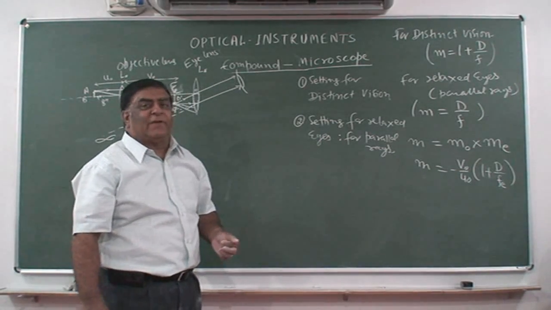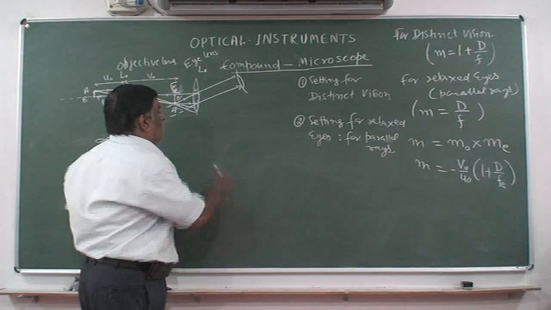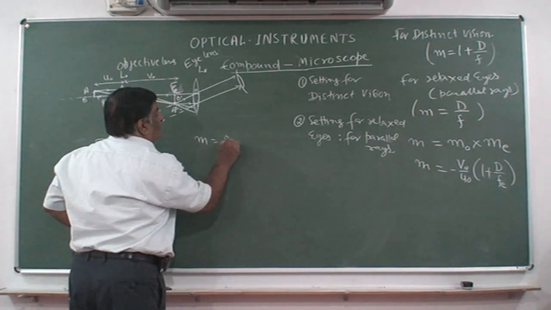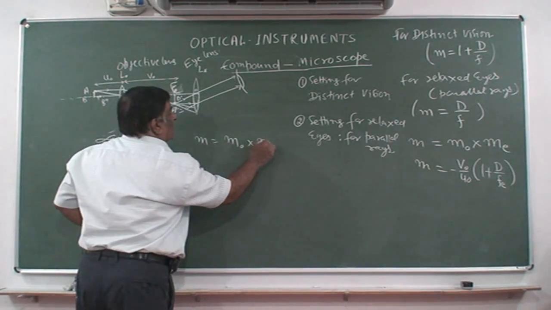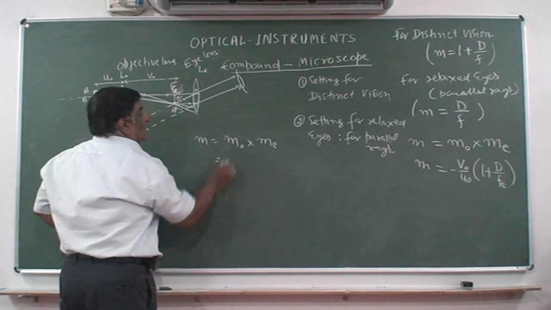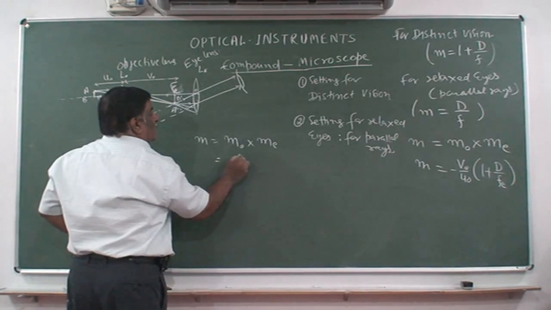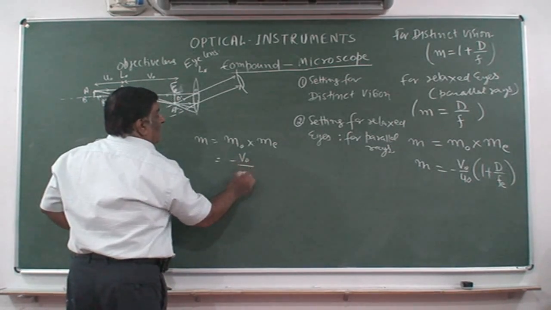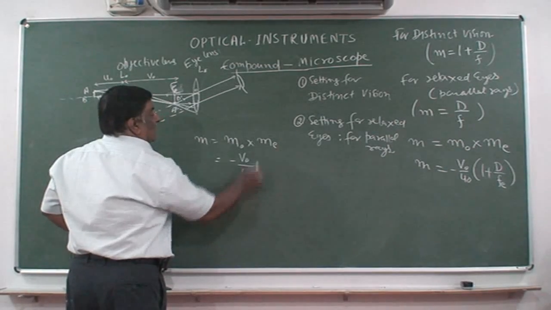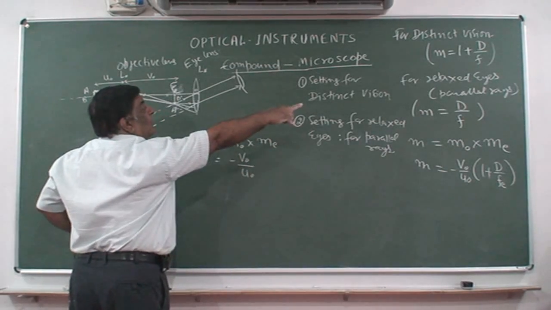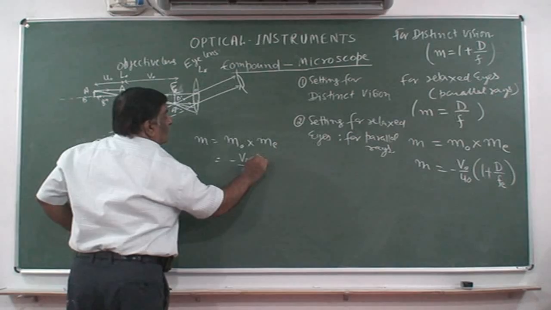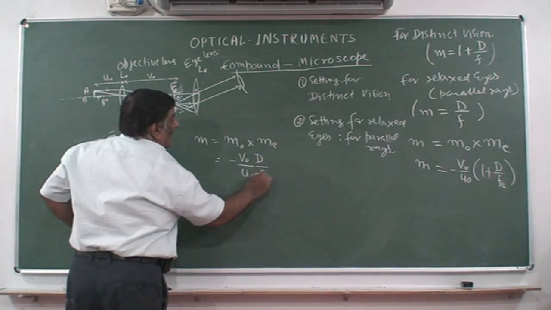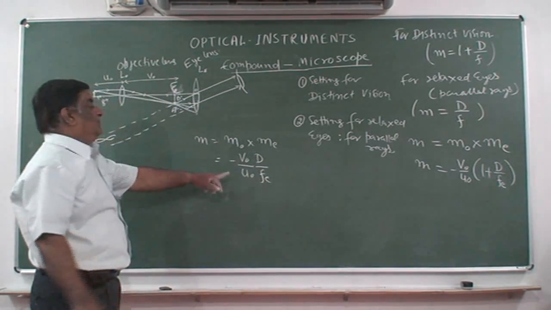Is there any effect on magnification? Answer is yes. The magnification is magnification of objective by magnification of eyepiece. Magnification by objective, we have just seen V of objective and U of objective. Magnification of eyepiece for relaxed eyes. Now we will use this formula. D upon F eyepiece.